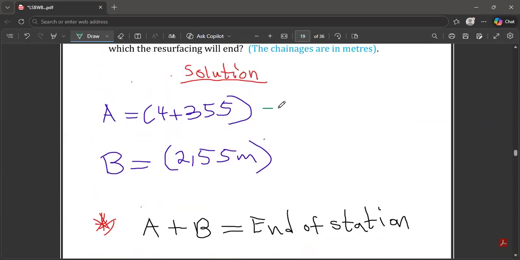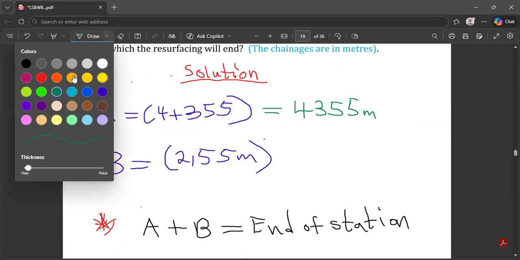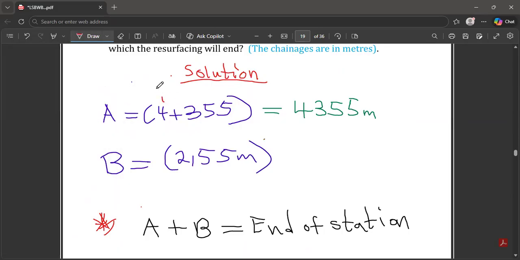This A over here can also be written as this. So this A is equal to 4,355 meters, that is if you want to write it in meters. This guy is already in meters. But take note, as I told you already, that this is in km, and this in meters.